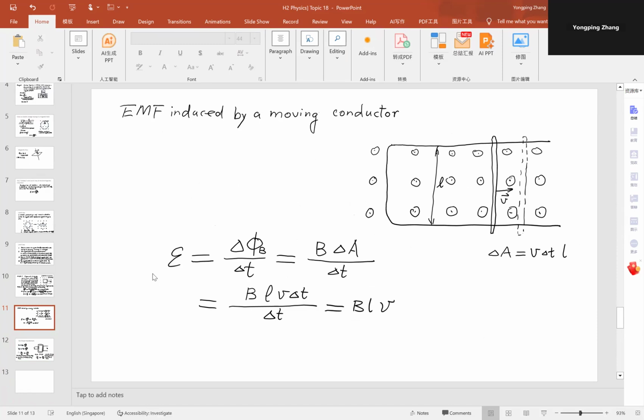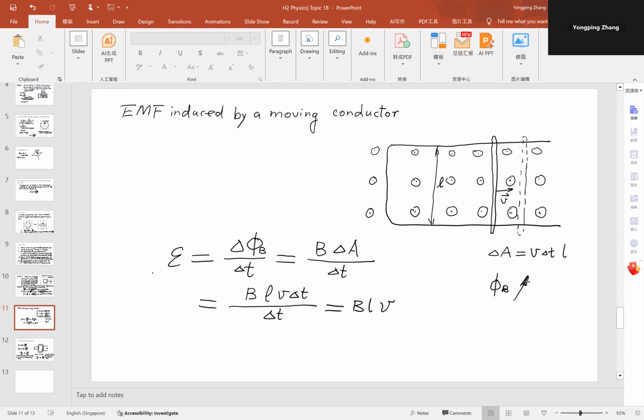For the EMF induced by a moving conductor, the conductor moves to the right, so phi B in the loop is increased.